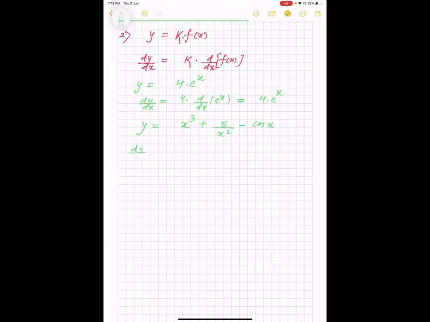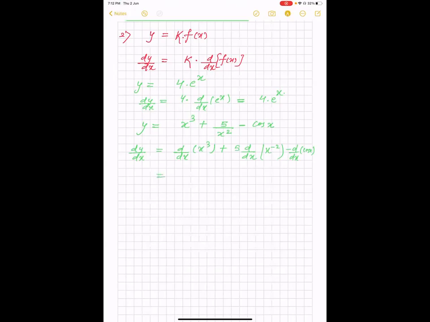So dy by dx will be the derivative of x cube. I'm just writing it; you don't need to write all the steps. And here you have 5 over x square, where 5 is a constant. So I'll take 5 aside and take the derivative of 1 over x square. Now 1 over x square can be written as x raised to minus 2. Why am I writing it in this form? So that I will be able to apply the standard formula which we have, and then the derivative of cos.